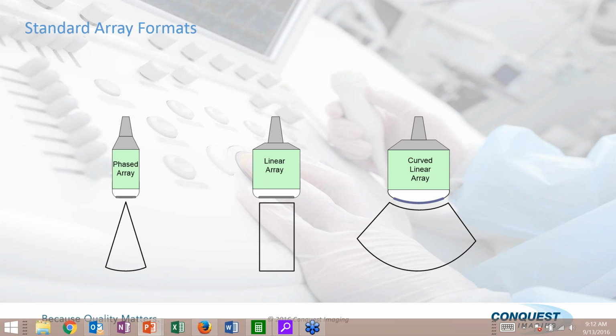The linear array transducer is typically used for vascular or small parts type exams, where we have a fairly large near field and a uniform far field. If we look at our curved linear array transducer, this type of format is typically used for abdominal and endocavity work. And the nice thing about the curved linear array is that we have a really nice wide near field and a much wider far field, so we can get a lot of anatomy within the image area.